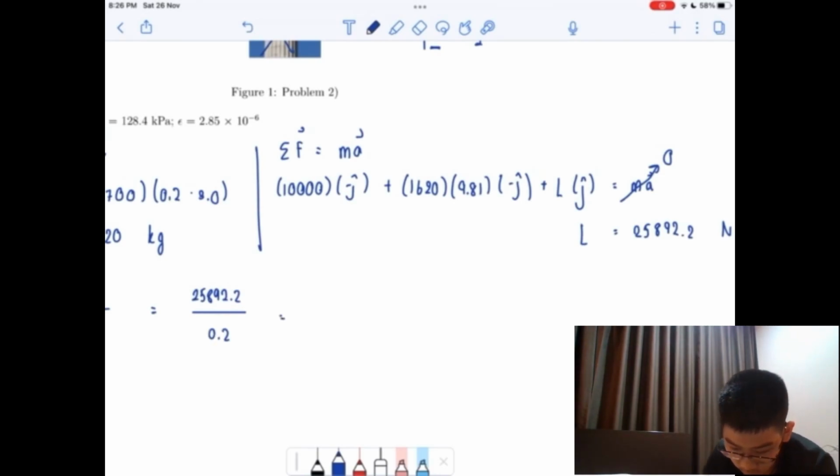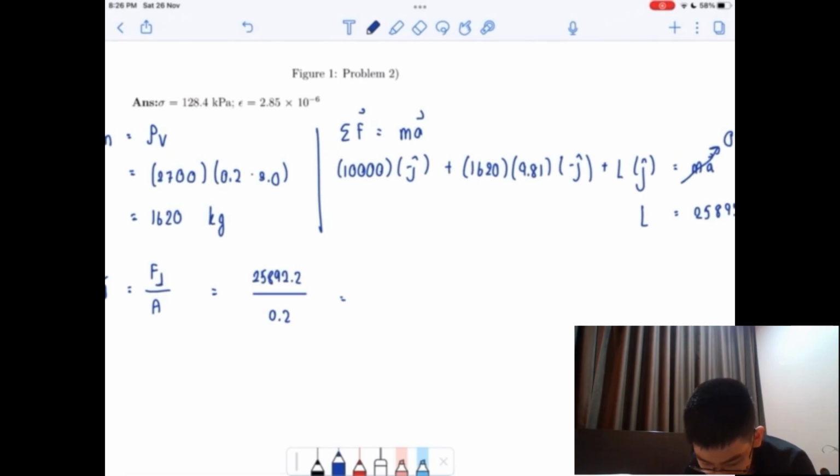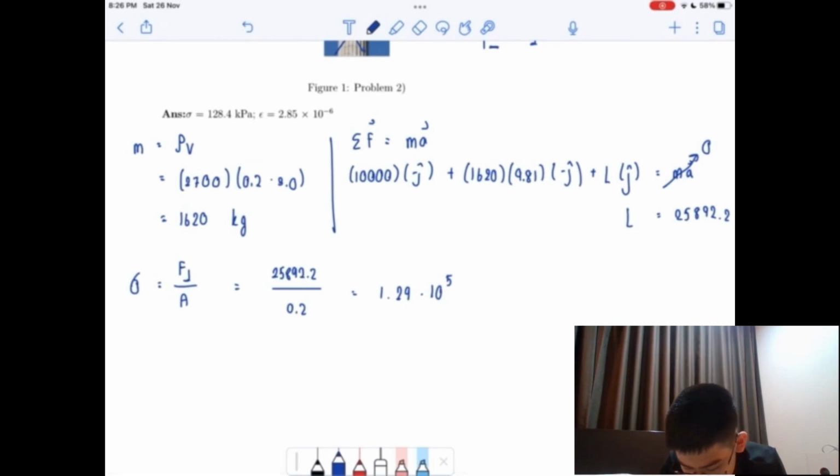So we are going to get 1.29 multiplied by 10 to the power of 5 pascals, or 129.4 kilopascals.